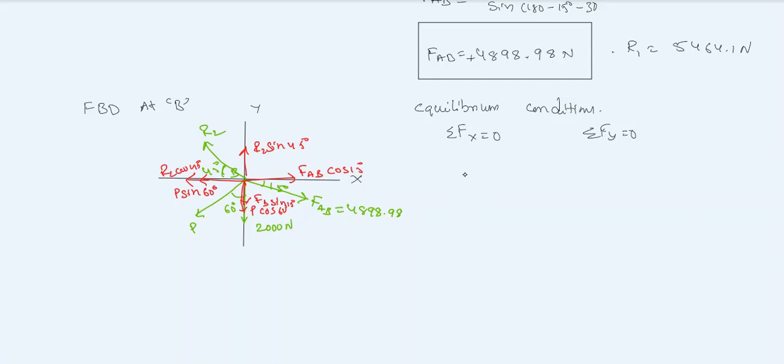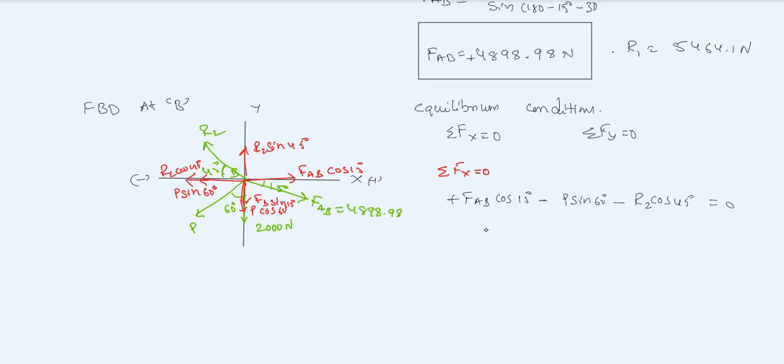Now apply the equilibrium condition in the x direction. Sigma Fx is equal to 0. For the x directional forces, this is the positive direction and this is the negative direction. For the positive direction, only one force, that is plus FAB cos 15 degrees. In the negative direction, we have two forces, that is minus P sin 60 minus R2 cos 45, is equal to 0.